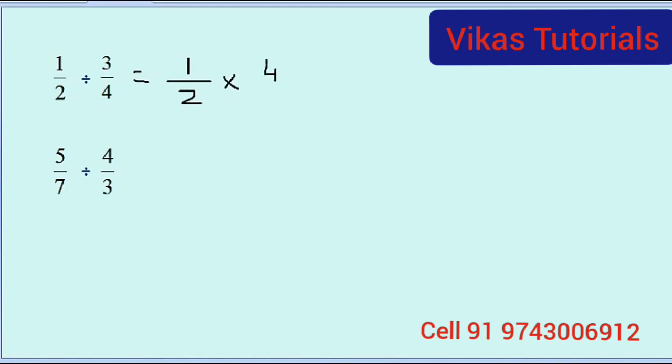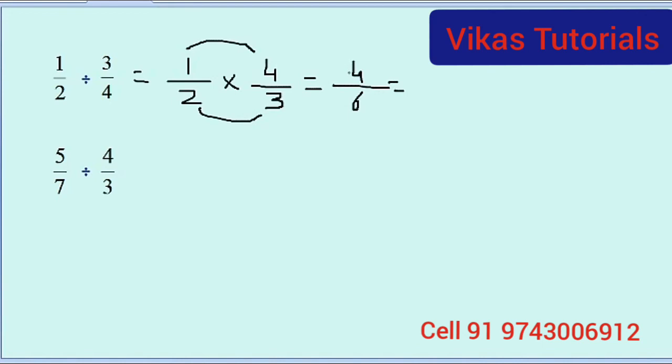Reciprocal of this is 4 by 3. Now it has become 1 by 2 into 4 by 3. So 1 into 4 is 4, divided by 2 into 3, which is 6.